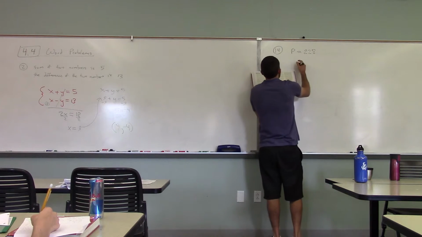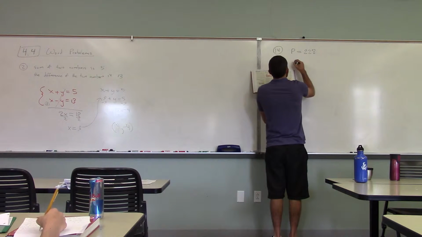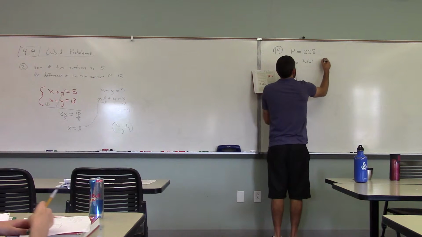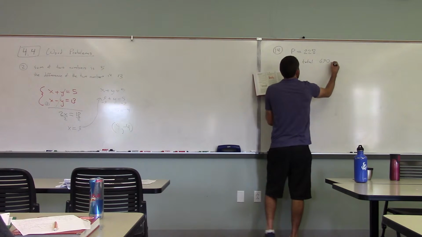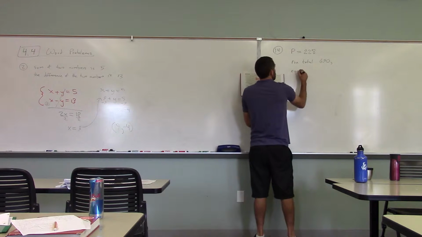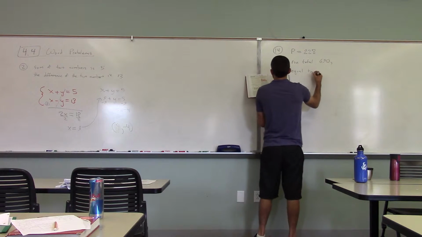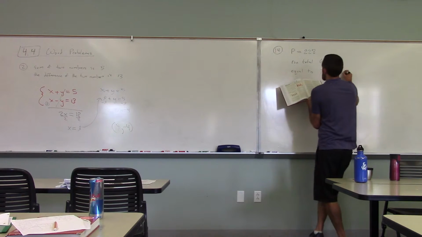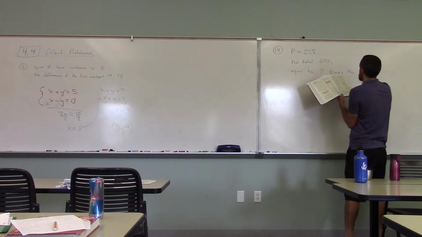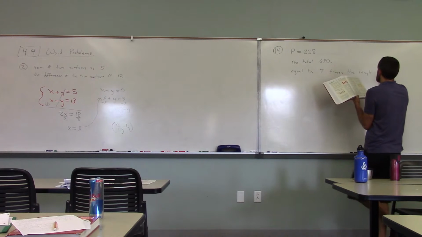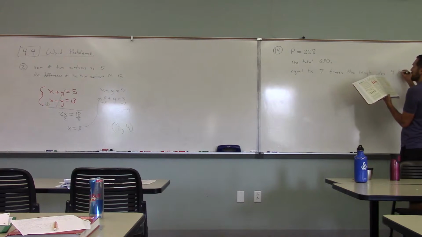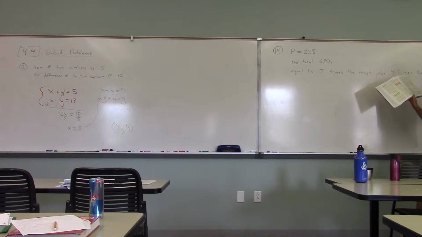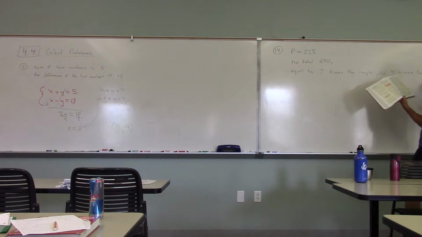A player runs around a total of 690 feet, which is equal to 7 times the length plus 4 times the width of the court.